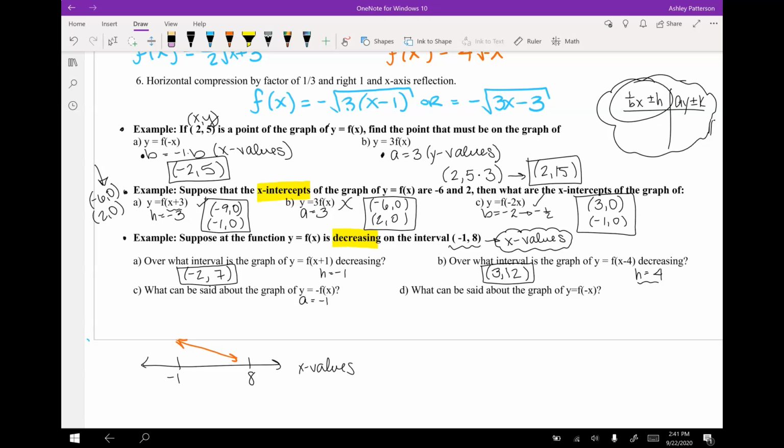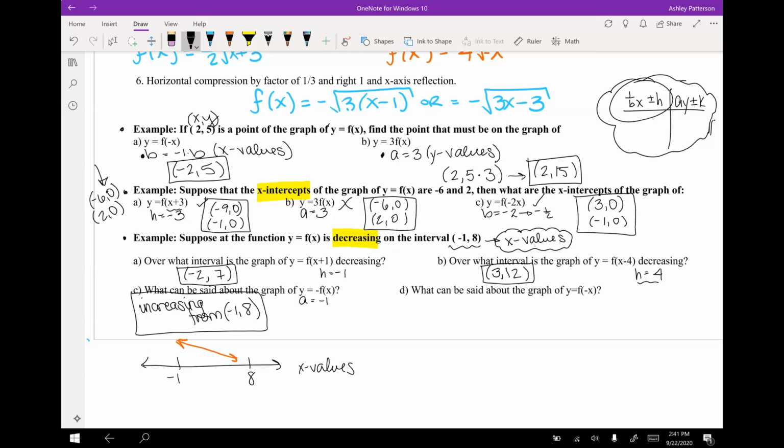So what can I say about this? I'm going to say that I am increasing, because I've reflected over the x-axis, from -1 to 8. Not only do we need to say that it has changed direction, but we need to discuss the fact that it's from what to what. Okay, it's from -1 to 8. And then, what can be said about the y's?